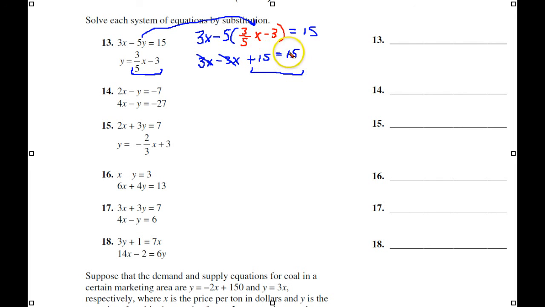Is that a true statement? Yes. When you end up with a true statement, then that is, for number 13, an infinite number of solutions, because these are the same equations in different forms. If I multiplied here everything by 5, and then put them in standard form, you see they are exactly the same equation.